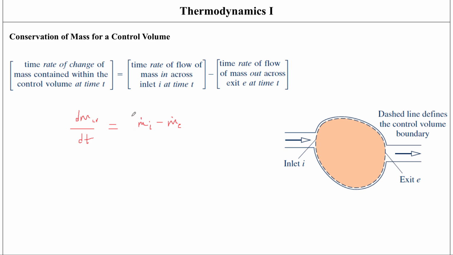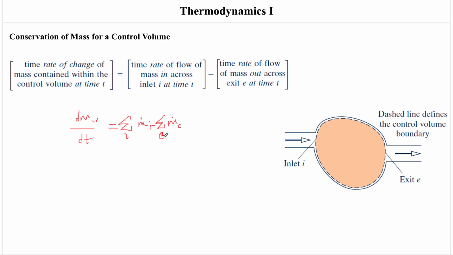And if now there's more than one inlet and more than one outlet, then I would have to sum up all the mass flow rates across the inlets. So I would write the summation sign over here, and minus, again, I would write the summation sign here as well, for e.